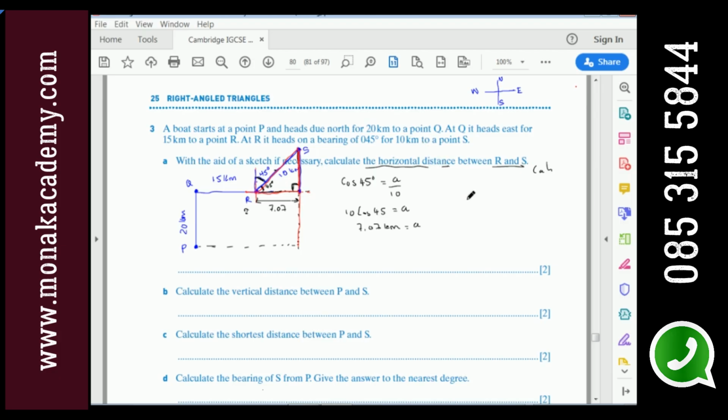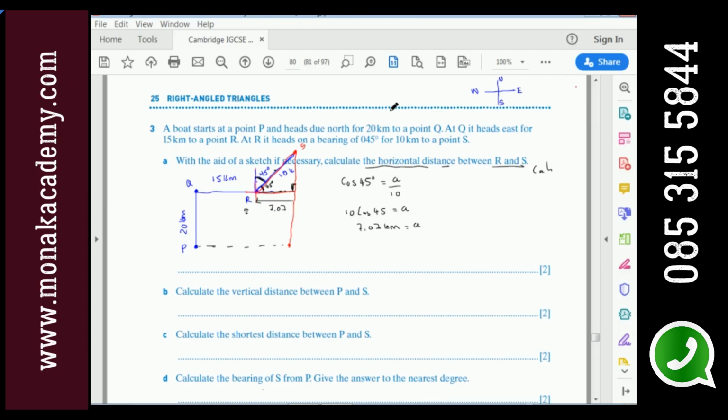Now, we are saying the vertical distance between P and S is... Let's actually just start over. Let's remove this. Okay. So you know S is here. The vertical distance between P and S is this whole length, right?